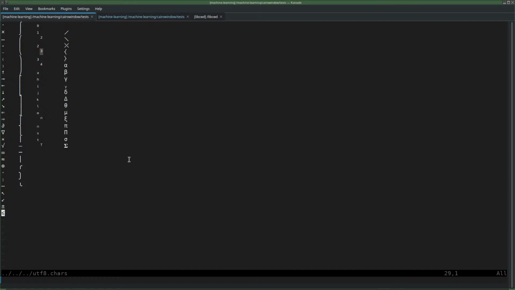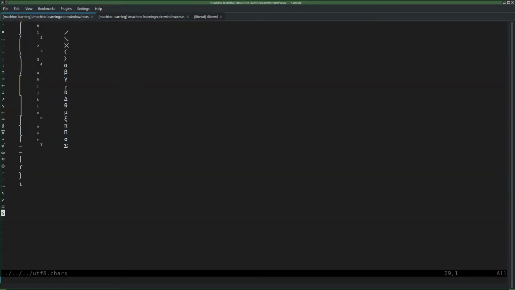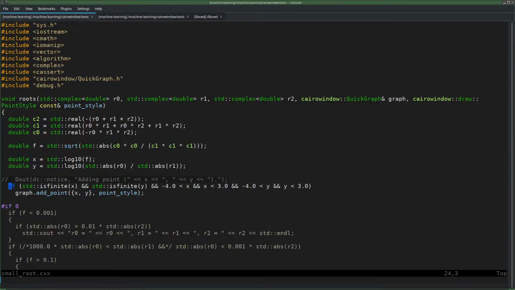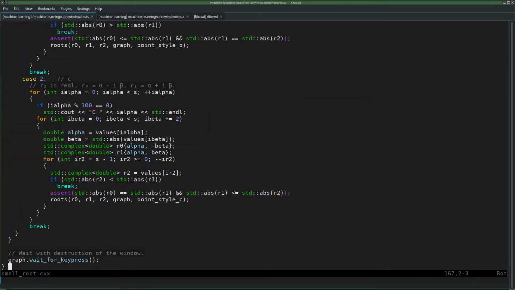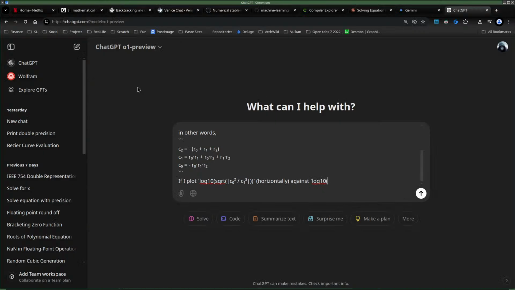Let's fix my program as well. C0 divided by C1. What was I thinking? Yep.